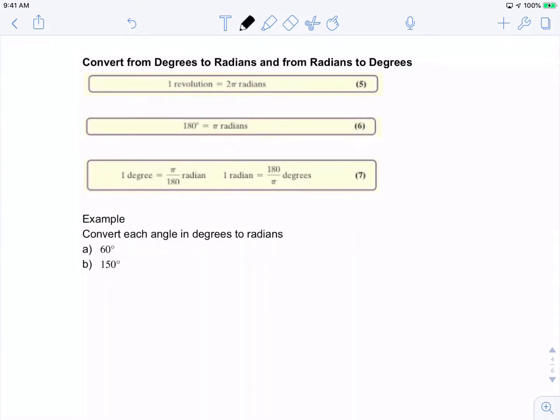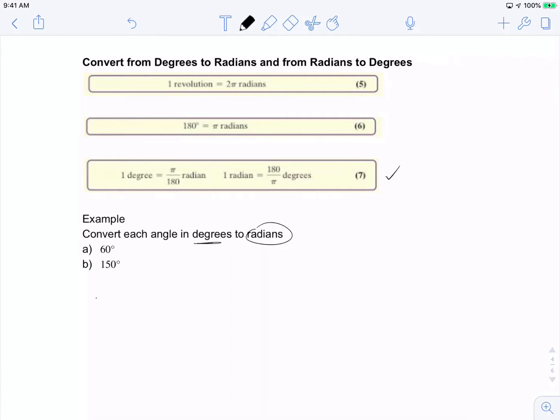To convert from degrees to radians and to convert from radians to degrees, what we're going to use is this ratio here. This is the most important piece, that number 7. So since I want to go from degrees to radians, I'm going to want to have pi in the numerator.